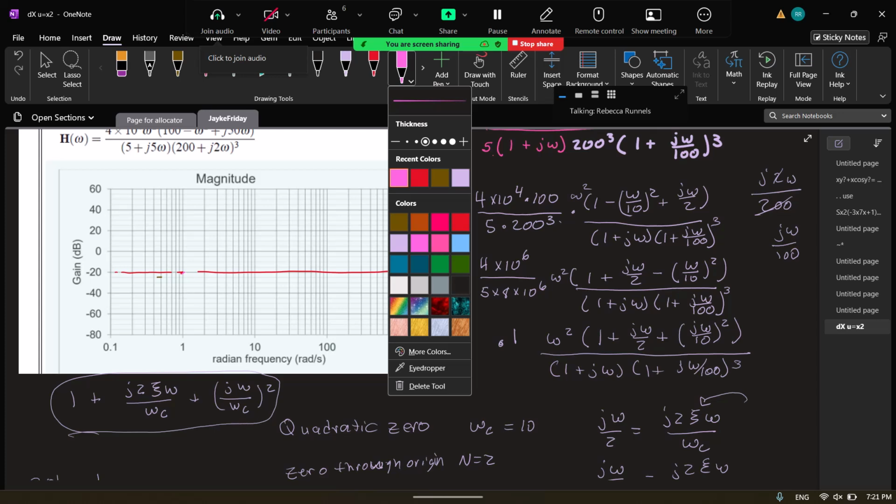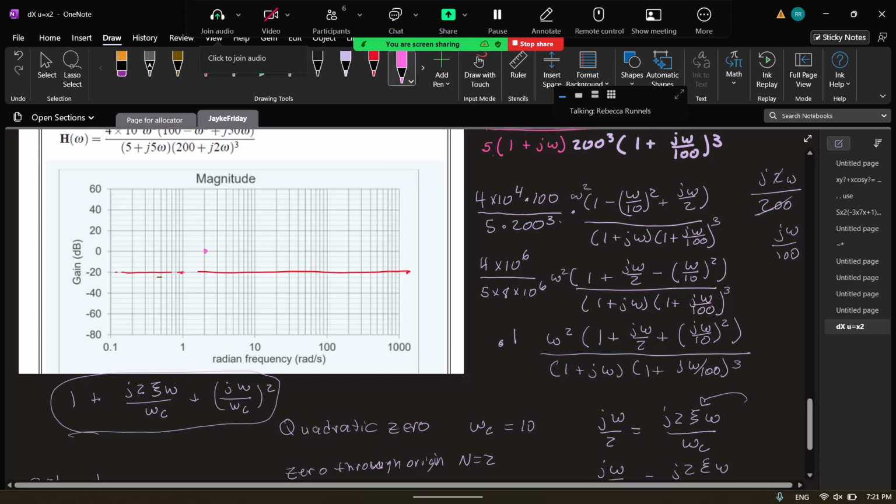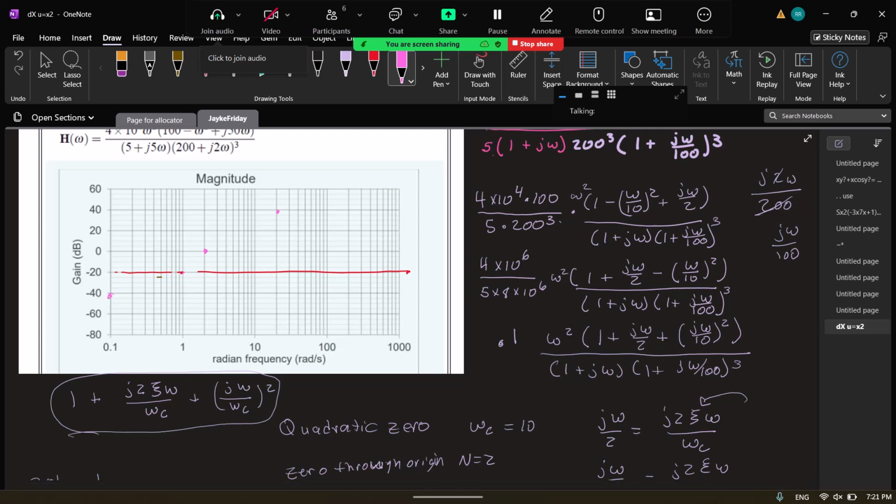This goes through 1, but on the axis right there. You're plotting 0 to the origin, right? Yeah, that's the omega squared. Okay.